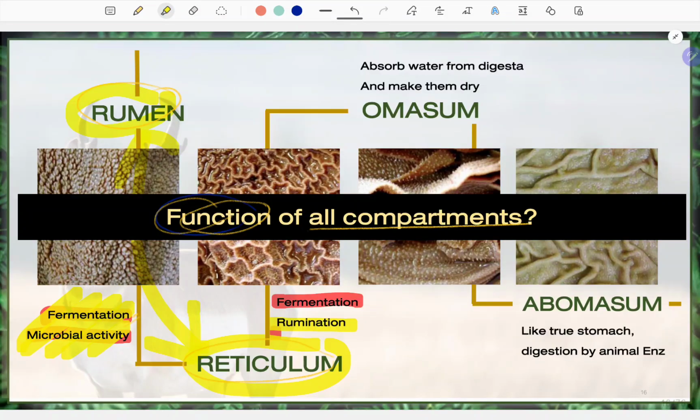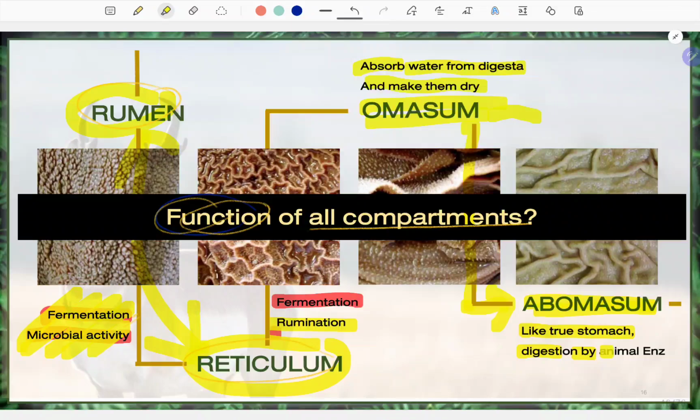After that, the omasum is just a small part, very thick and hard. This part has the function of absorbing water from the digesta and making it dry before sending it to the abomasum. The abomasum functions like our stomach, the true stomach.